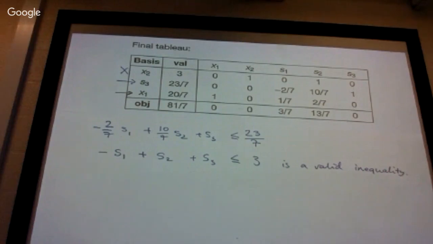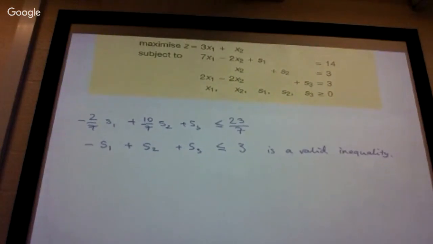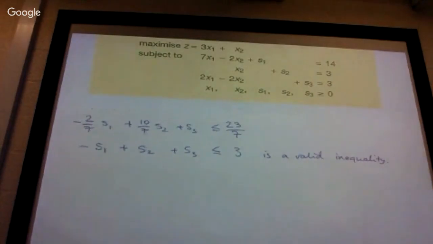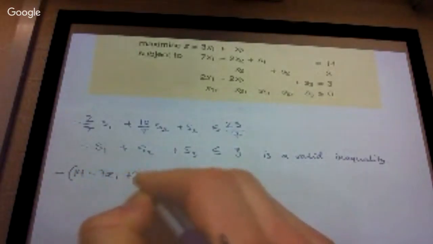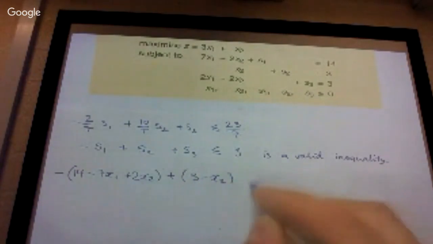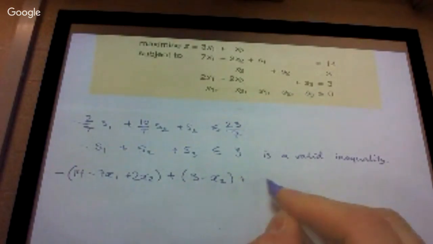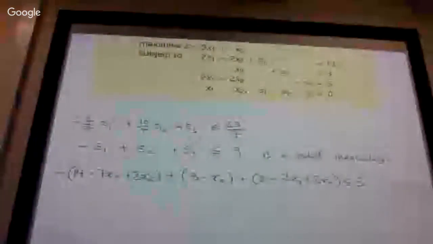Does everybody still know what's going on? So then again, from these equations, I can substitute for S1, S2 and S3. So for S1, I get 14 minus 7x1 plus 2x2 from the first equation, and for S2, I get 3 minus x2, and for S3, I get 3 minus 2x1 plus 2x2, and that is less than or equal to 3.